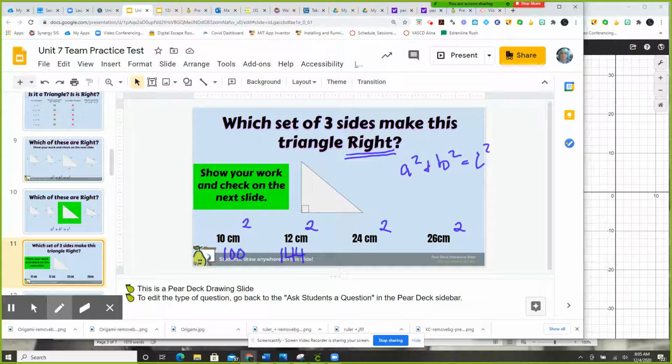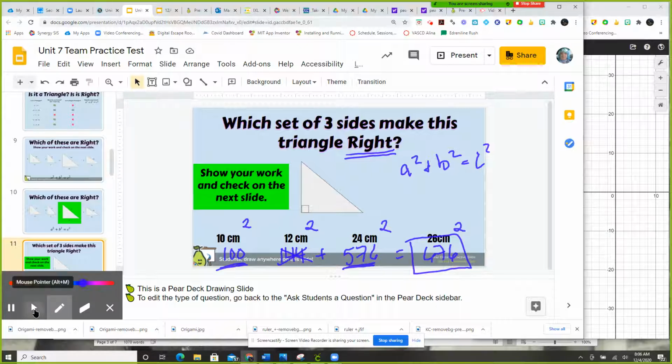Because I'm being lazy. Sweet. Thank you. So then it just becomes a matter of what Naja's saying and figuring out which two things add up right. So if you try that, it doesn't quite work. So maybe I need something smaller. So 100 plus 576 definitely equals 676. And it's just trial and error.